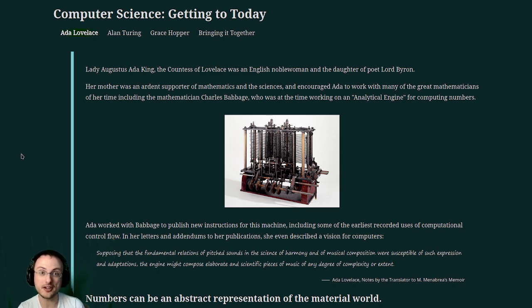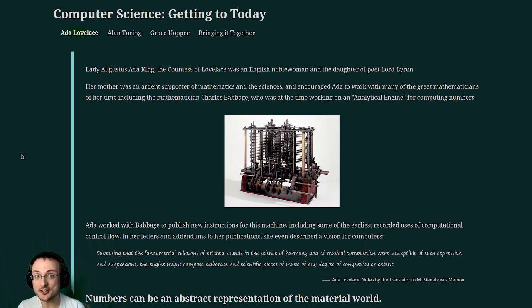And so from a very early age, Ada was immersed in all of the great thinkers, the Enlightenment era thinkers, who worked with them to tutor her so that she had a strong foundation in mathematics and the sciences, which was fairly uncommon at the time, but it did put her in contact with a lot of the thinkers whose writings on reason and mathematics have become foundational to computer science today.